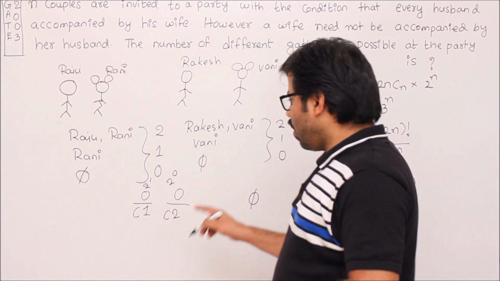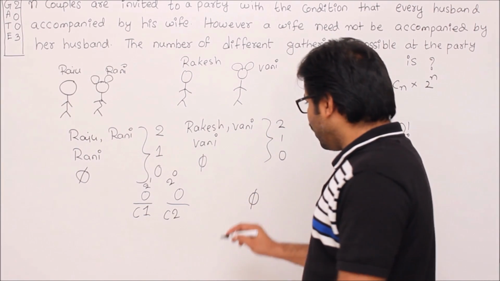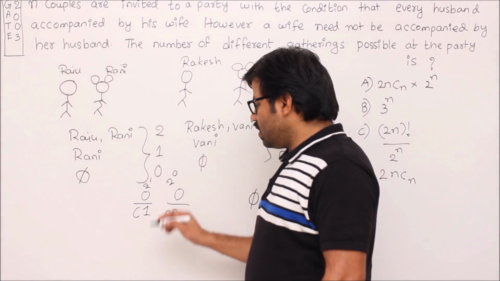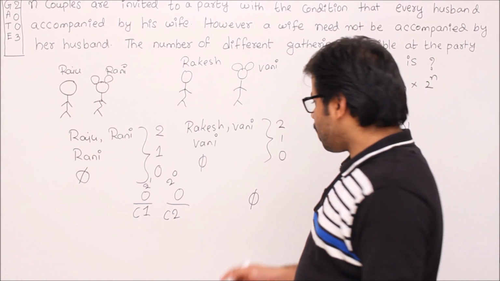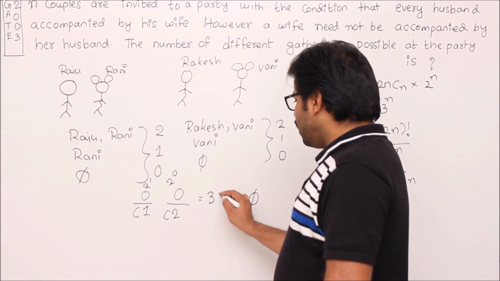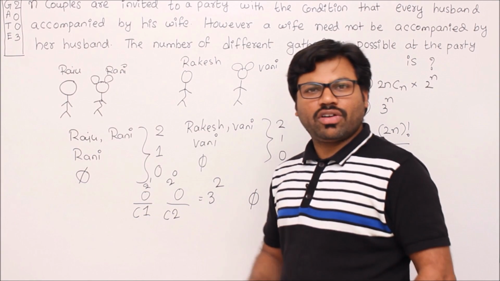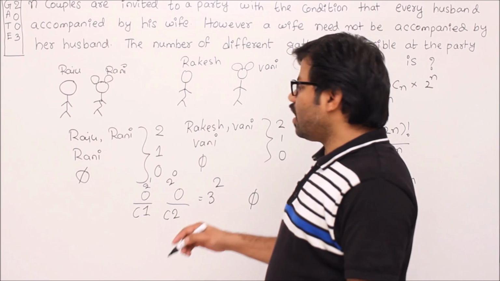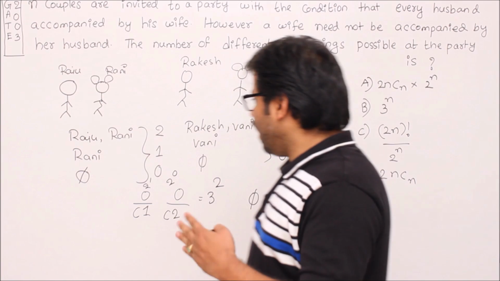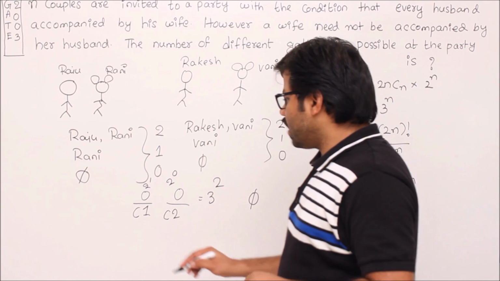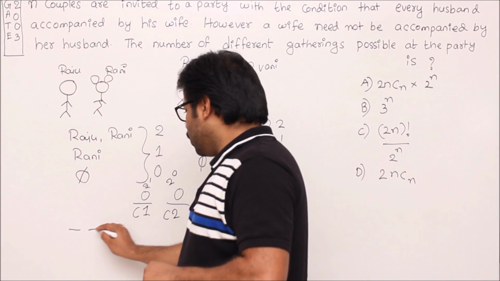So now the problem is reduced to how many different ways you can fill these two positions, where every position can be filled with 0 or 1 or 2, that is 3 ways. Then the answer will become 3 squared according to the product rule. But the question is not about two couples, isn't it? This is about n couples. When n couples are invited, I can extend this problem to n positions.